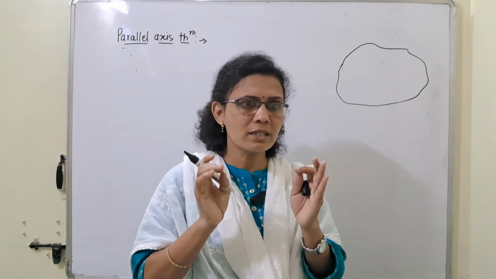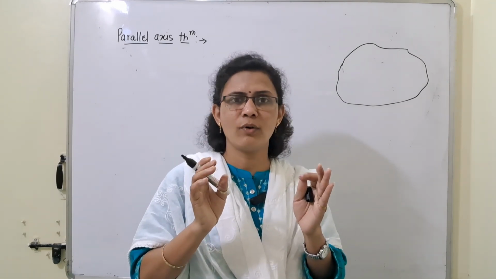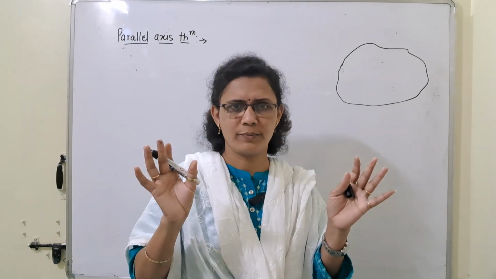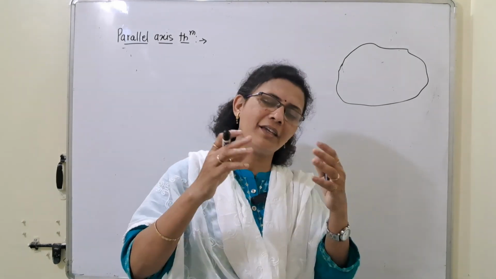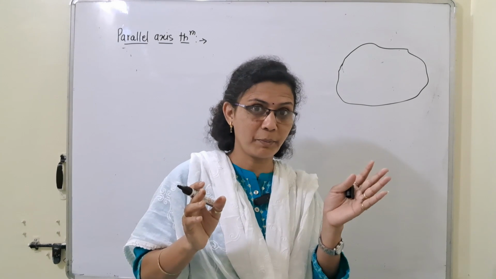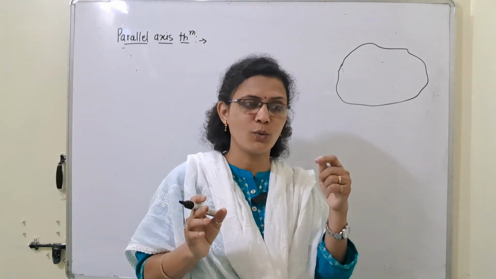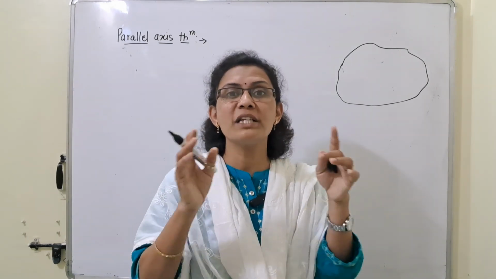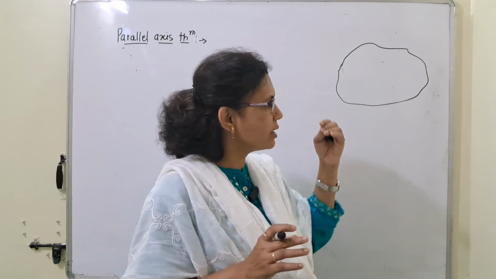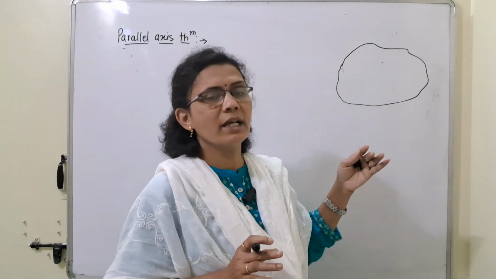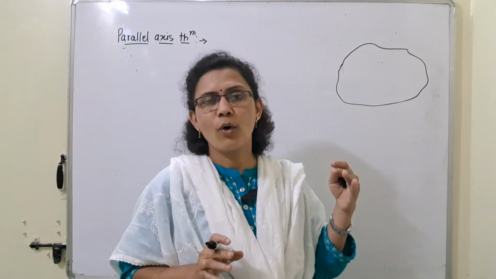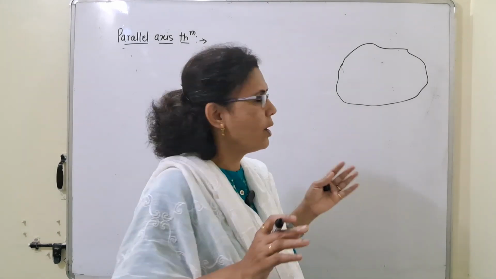So this theorem is applicable for a body of any shape. Not like the perpendicular axis theorem, because that is only applicable for a plane sheet. Correct? So this parallel axis theorem is applicable for a body of any shape.